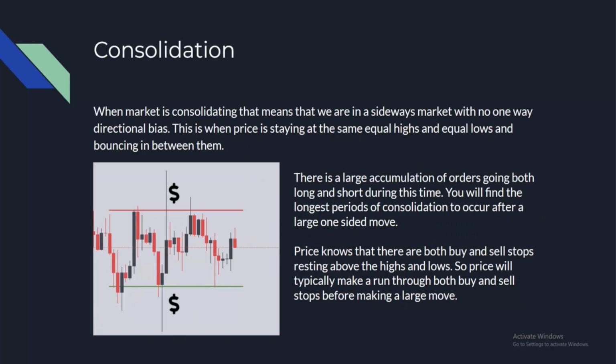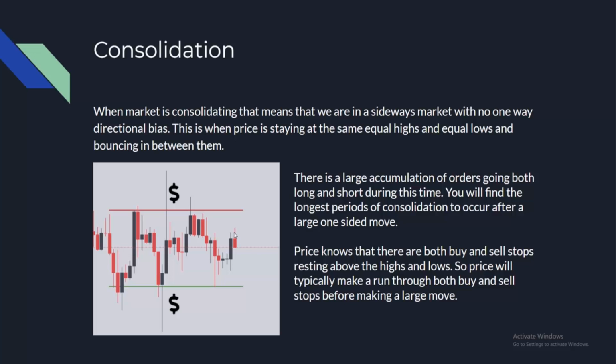Consolidation. When market is consolidating, that means that we are in a sideways market with no one-way directional bias. This is when price is staying at the same equal highs and equal lows and bouncing in between them. When we see this happening, it's called consolidation, when price is just bouncing around in the same range, not really making much of a move.